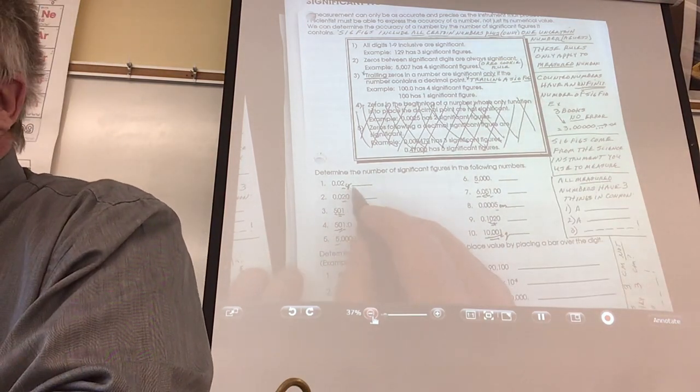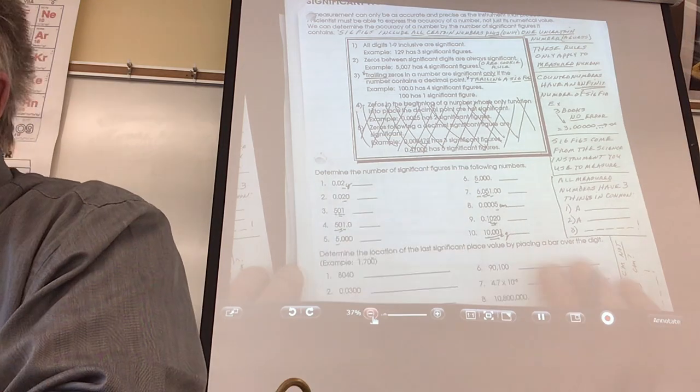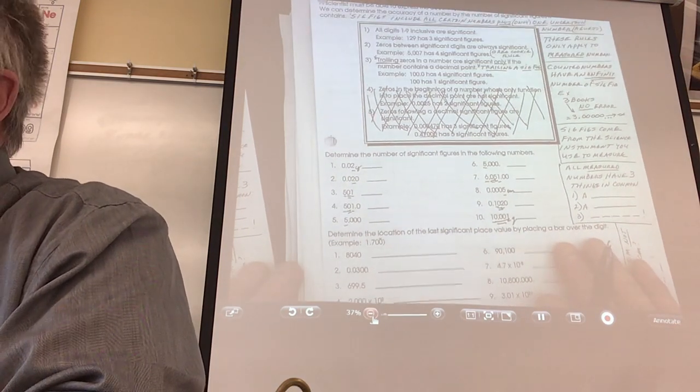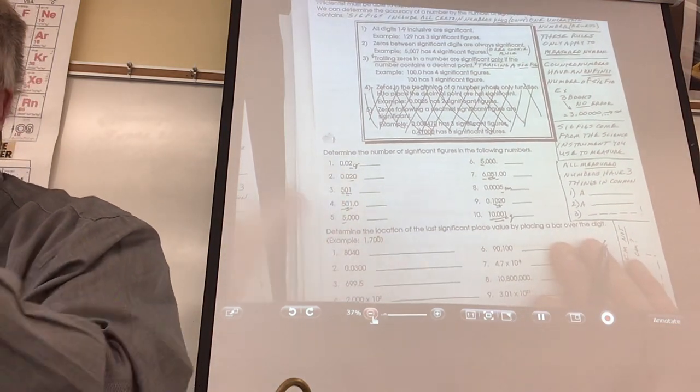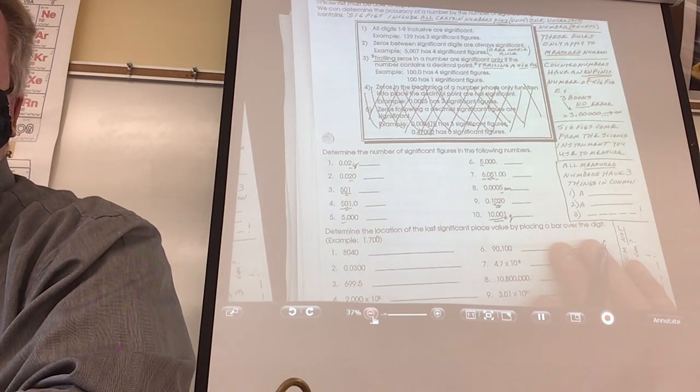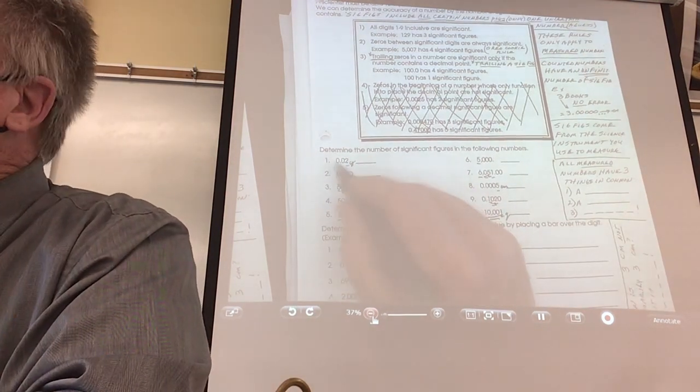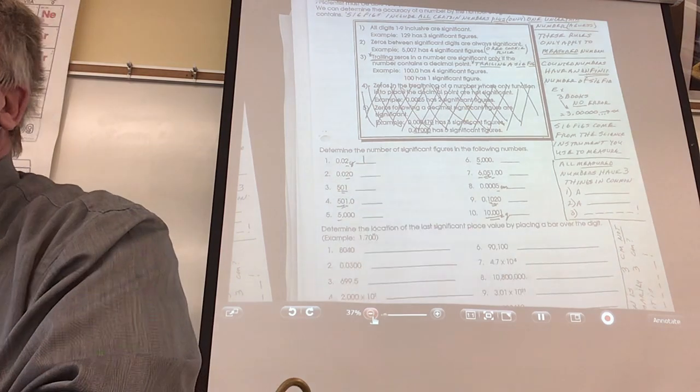Okay, so let's try it. Are there any trailing zeros here? Do you see any zeros that come after the 2? No. Well, then what about these? No, there's no rule. So how many total sig figs does this guy have? One. And that means you had a terrible ruler.